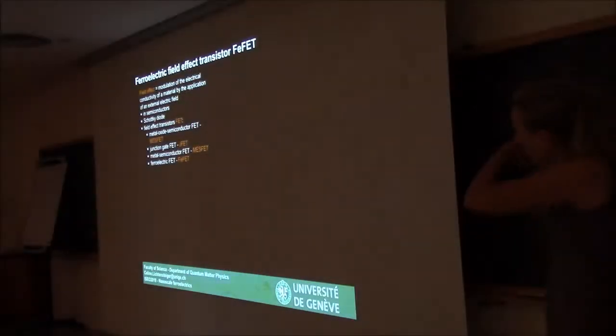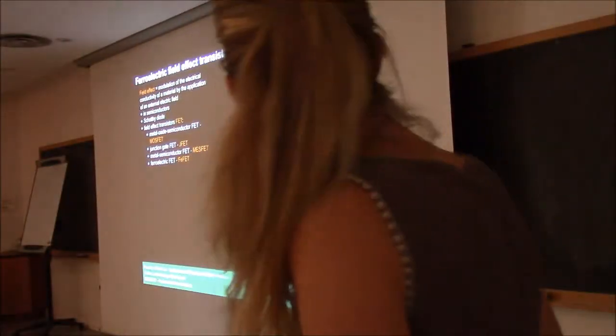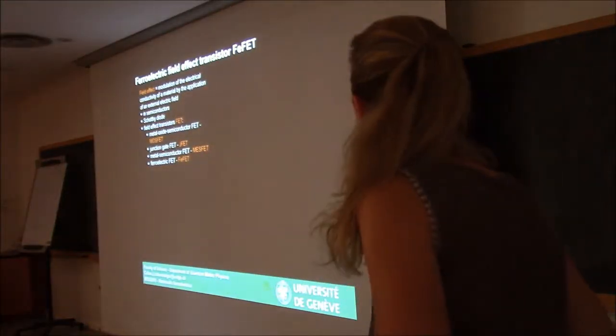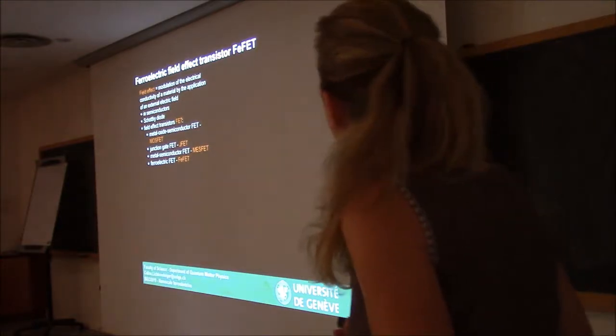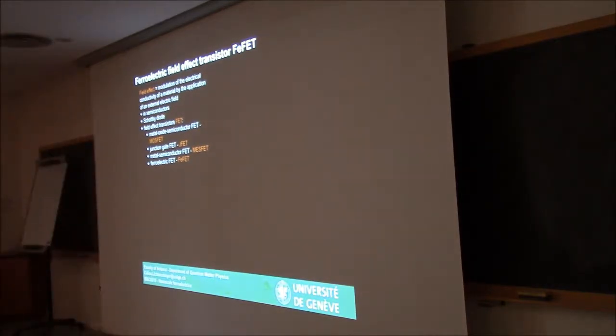So you've seen already a lot of examples. So today I will just give a few reminders or a few examples of why it's interesting to have this ferroelectric at the nanoscale. So what is very important, for example, for devices, is the field effect.